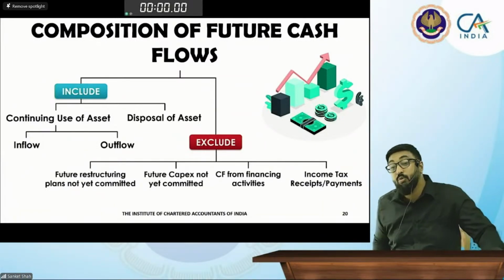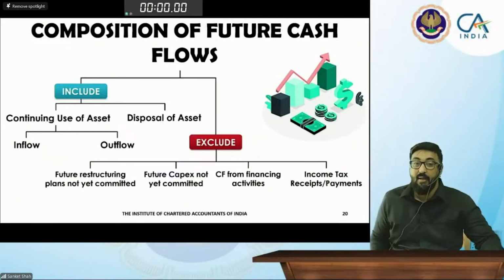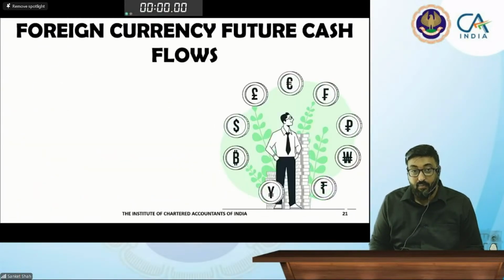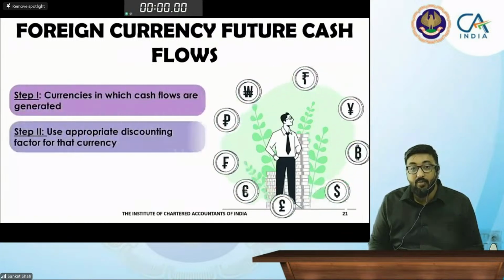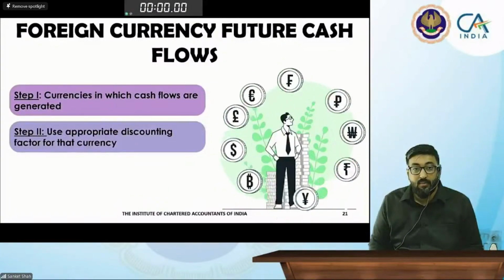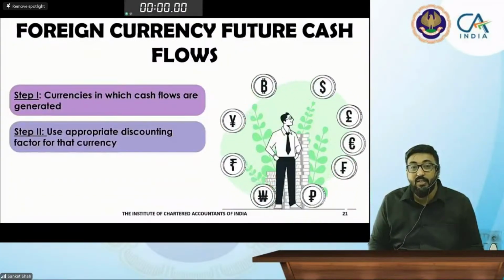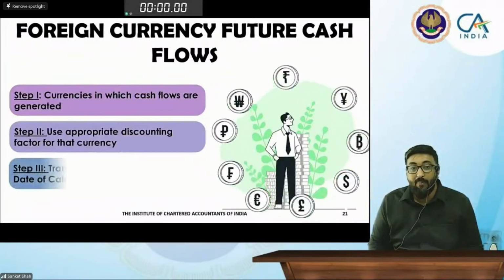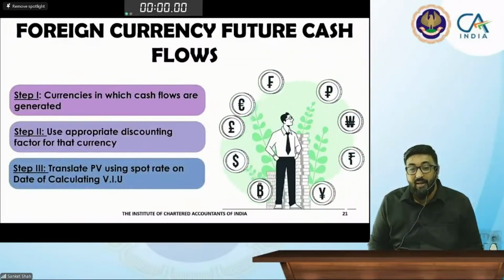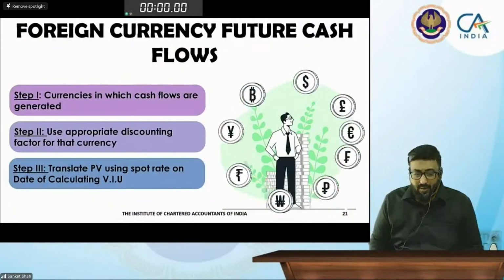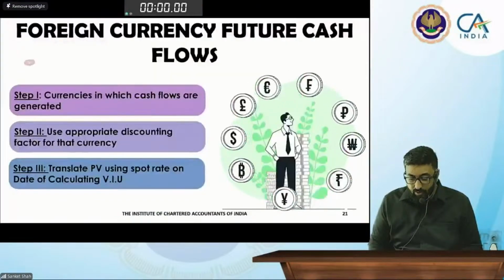So these cash flows are before income tax. Foreign currency cash flows, currencies in which cash flows are generated, use appropriate discounting factor, and then calculate present value. Very simple question. We have question number 8.